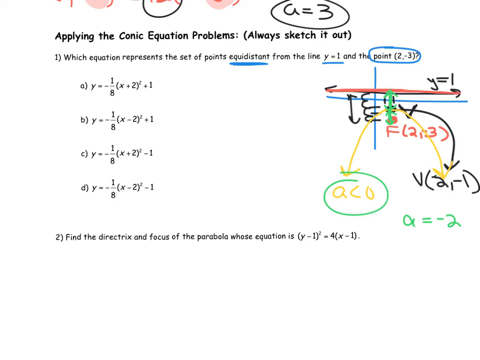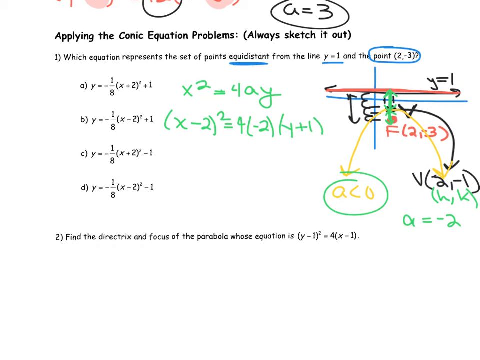Okay, keeping all of that in mind, I'm going to come up with my generic formula for an up and down, either concave up or concave down, parabola using that conic form. So we have x squared is equal to 4ay, and I know the vertex. So this is my h, this is my k. So I'll have (x minus 2) squared equals 4 times -2 times (y plus 1).